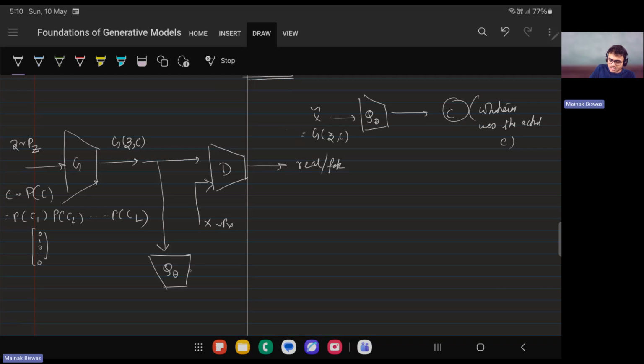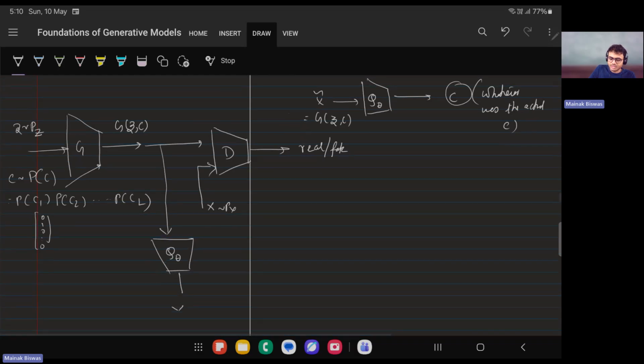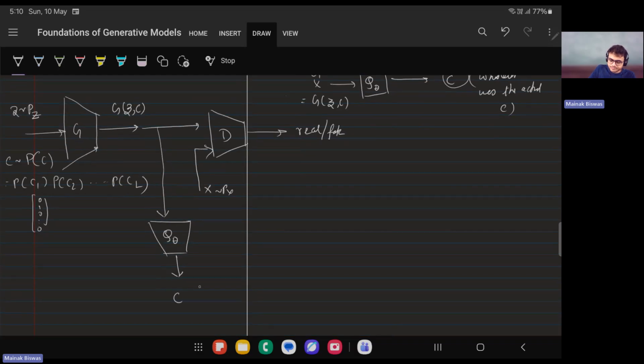So this is my Q theta, and this will give me the input C. So what it is actually is a classifier guidance. So this is the classifier guidance that I'm using. The classifier actually tells you the loss.